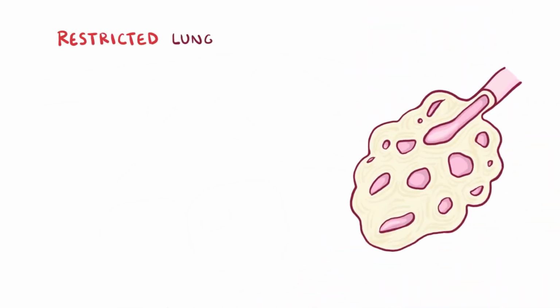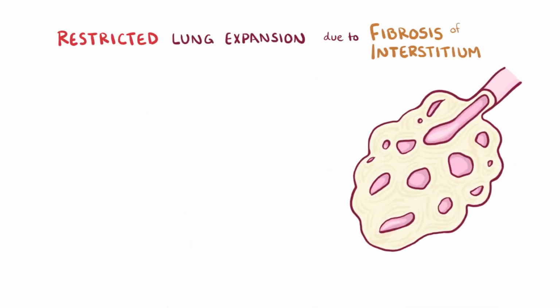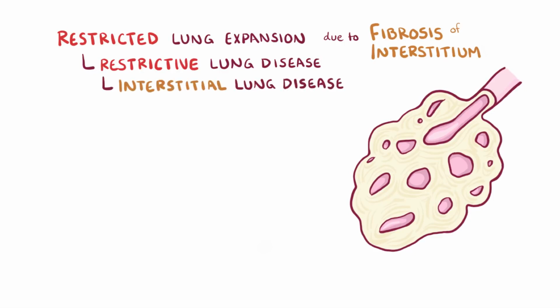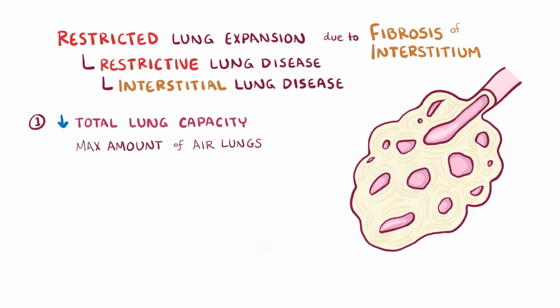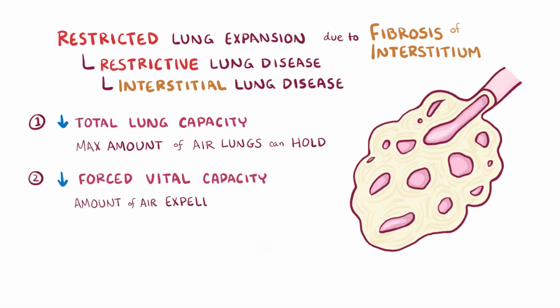This restricted lung expansion from changes to the interstitium means idiopathic pulmonary fibrosis is characterized as restrictive lung disease, and a particular type called interstitial lung disease. It causes a decrease in total lung capacity, or the maximum amount of air the lungs can hold. Also, it causes a decrease in the forced vital capacity, or amount of air that can be expelled with maximal effort after a deep breath.